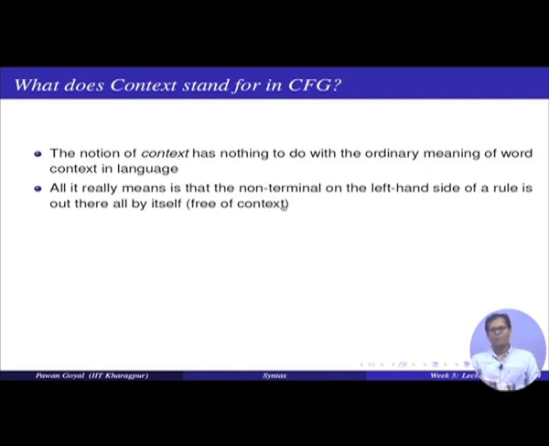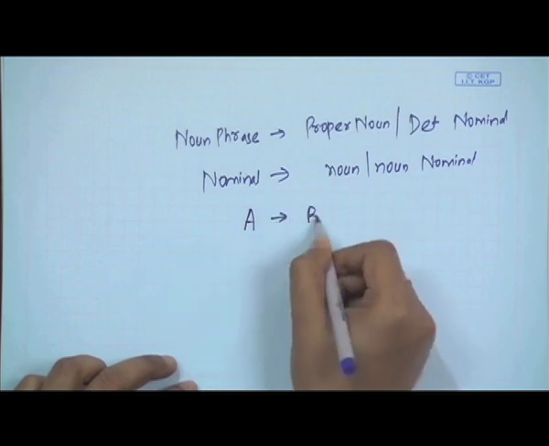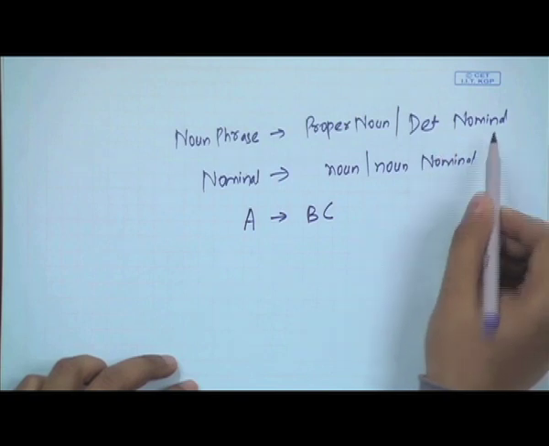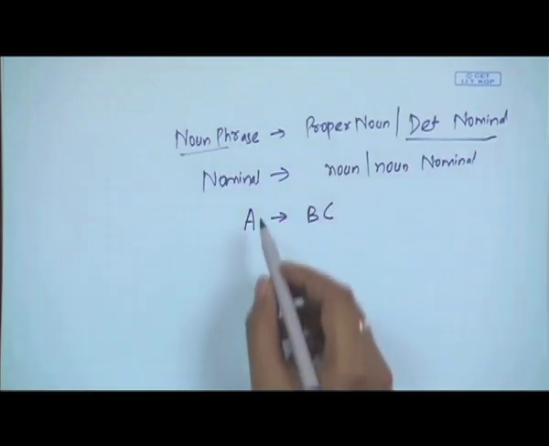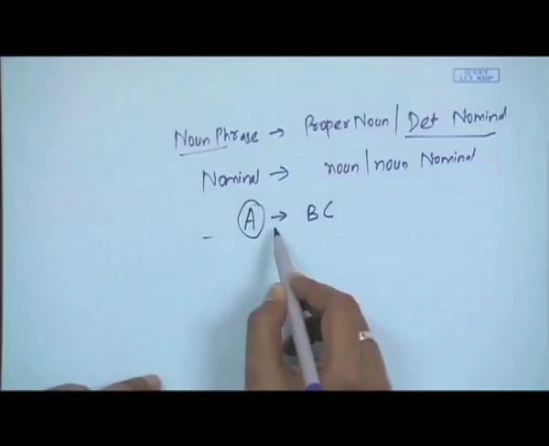All this means is that in context free grammar, whenever I am doing a derivation, whenever I am writing A gives me BC, or say noun phrase gives me determiner nominal, whenever I am writing a rule like that, it means that the non-terminal on the left is all on its own. It does not need any context around it.